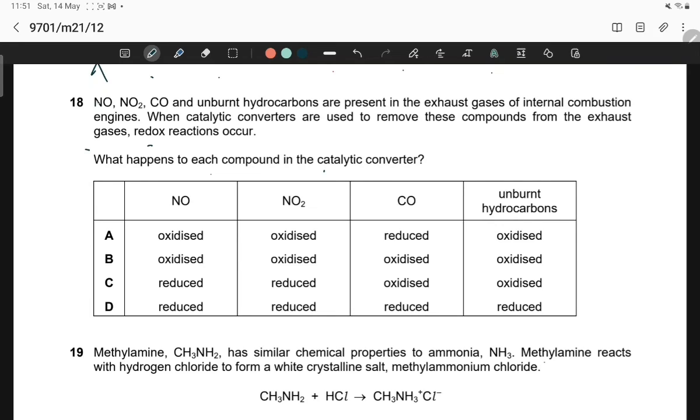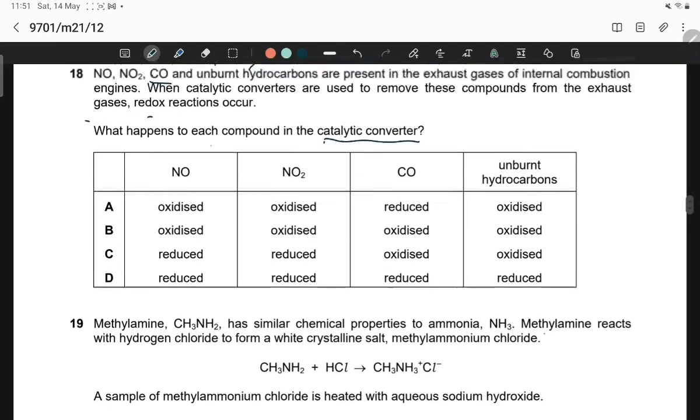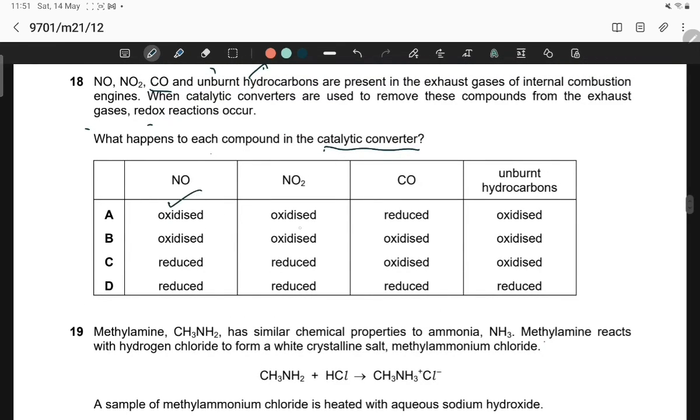Nitrogen monoxide is oxidized, carbon monoxide is also oxidized, and unburnt hydrocarbon is also oxidized in the catalytic converter. So nitrogen monoxide is oxidized, this is correct. Nitrogen dioxide should be reduced, so this is incorrect. This is incorrect because carbon monoxide is oxidized, this is correct.